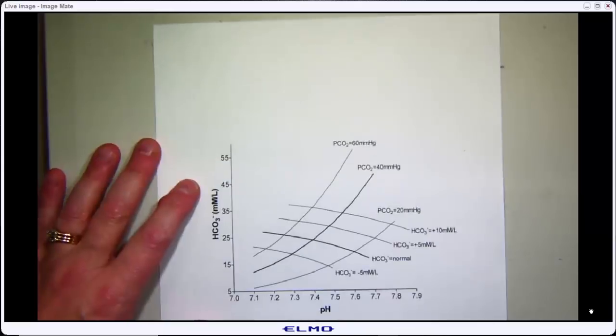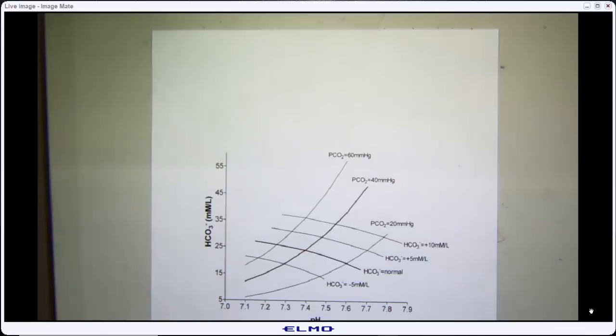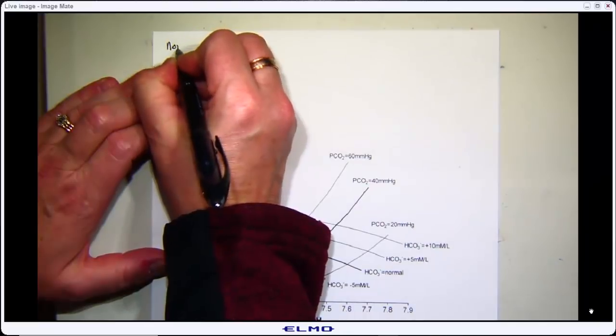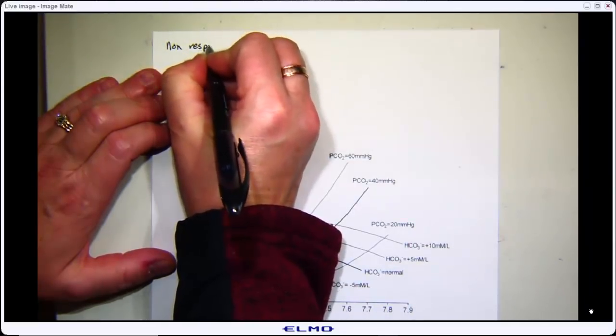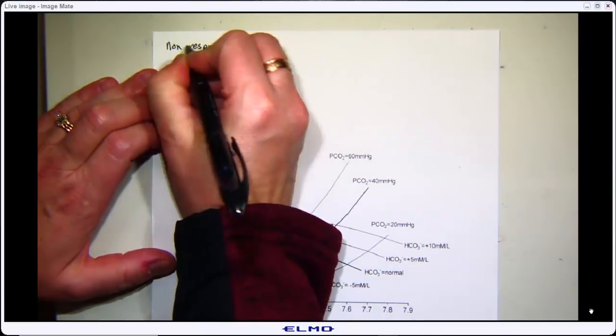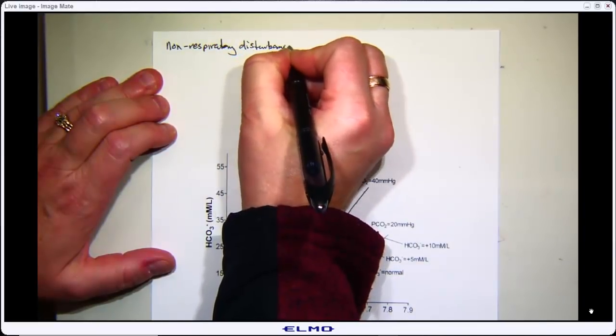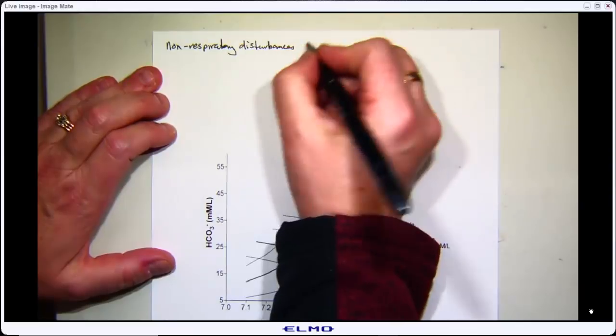And so now we're going to get into some non-respiratory disturbances, what they call metabolic. Okay, so there can only be 2 of those. So let's get into non-respiratory disturbances.